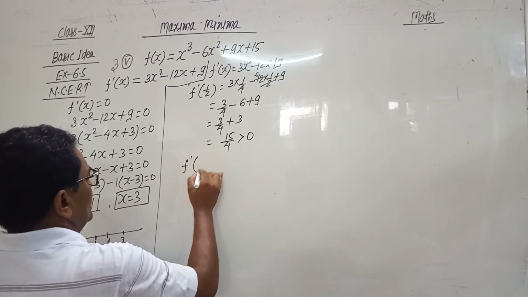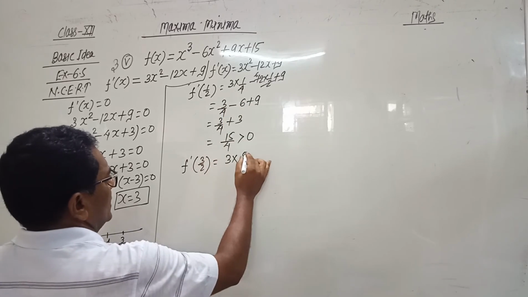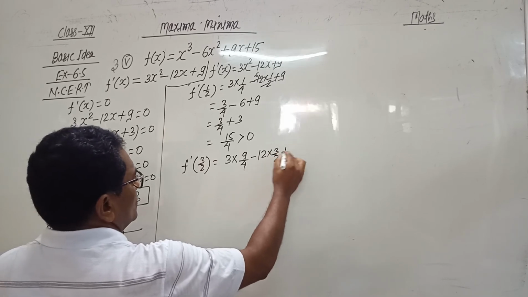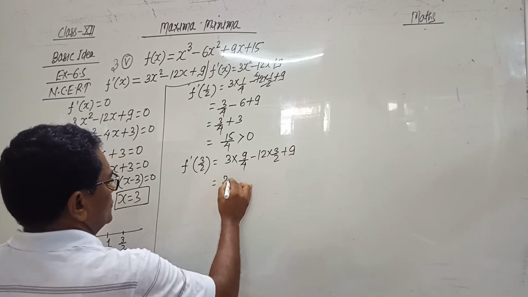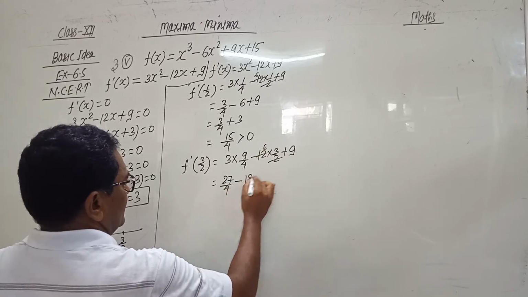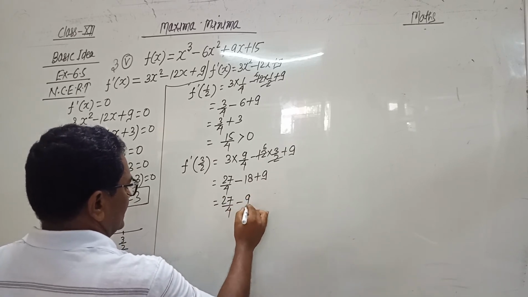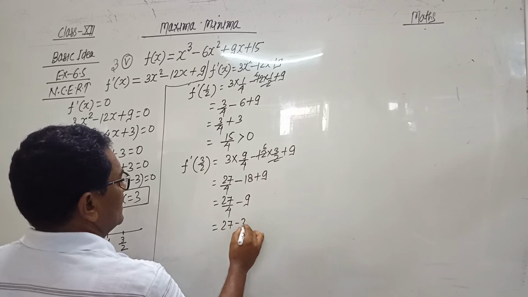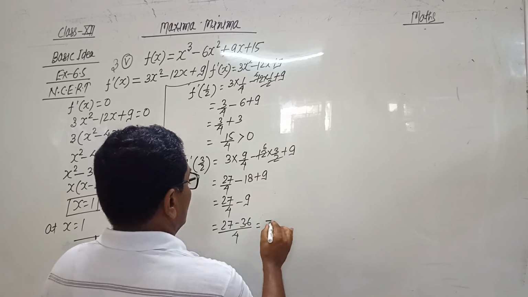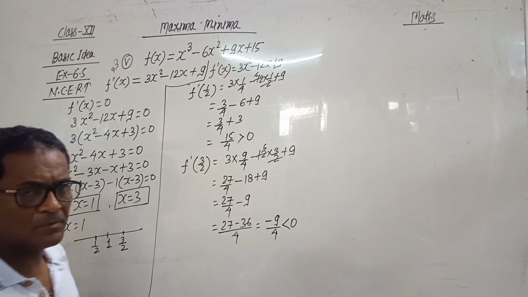Then f dash 3 by 2. 3 into 3 by 2 the whole square, 9 by 4, minus 12 into 3 by 2 plus 9. This is 27 by 4 minus 18 plus 9. So 27 by 4 minus 9, and 27 minus 36 upon 4. So this comes to be minus 9 by 4, which is less than 0.